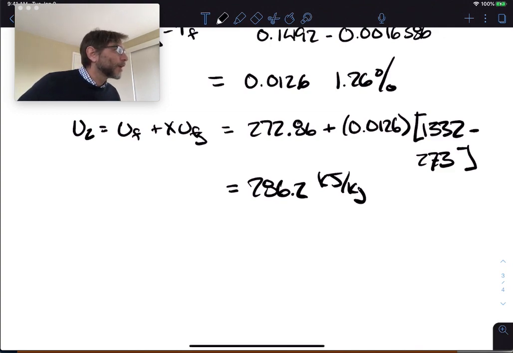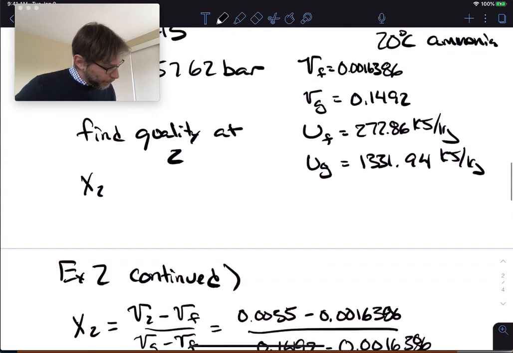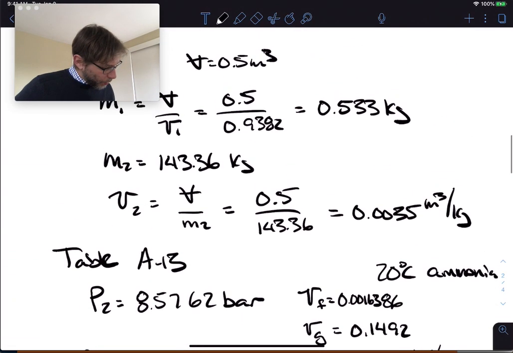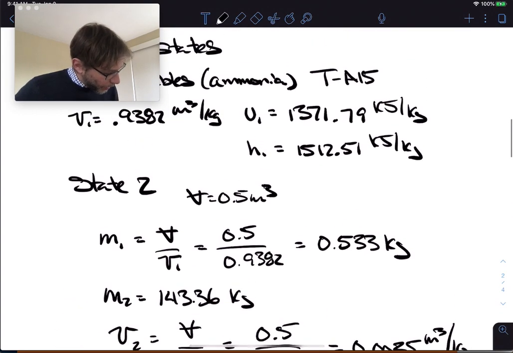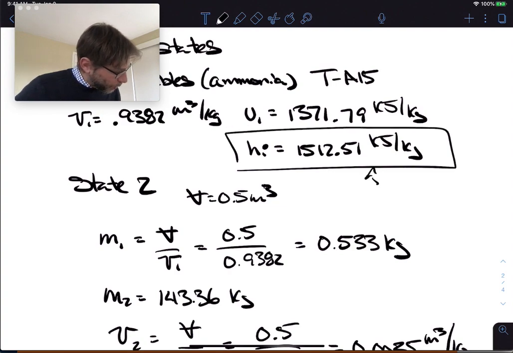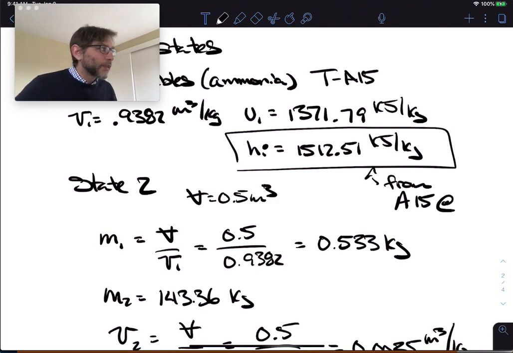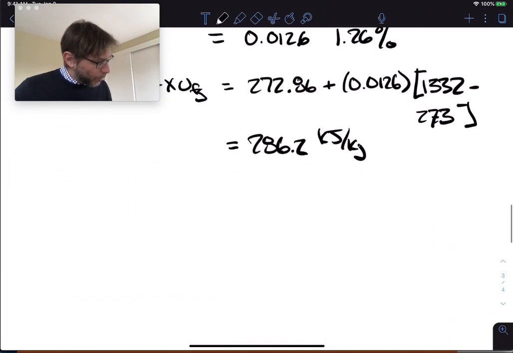So H in is from A15 at the line of temperature and pressure. Then we can find the final answer.